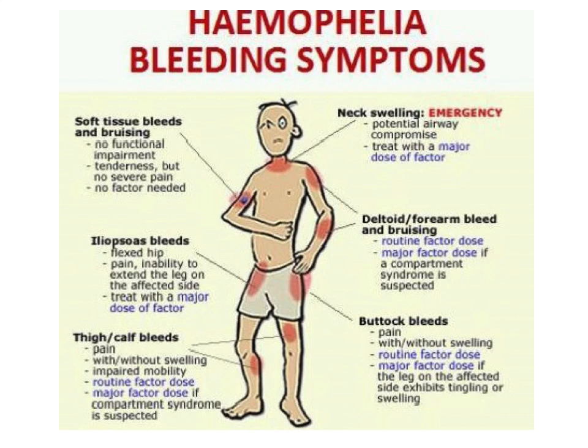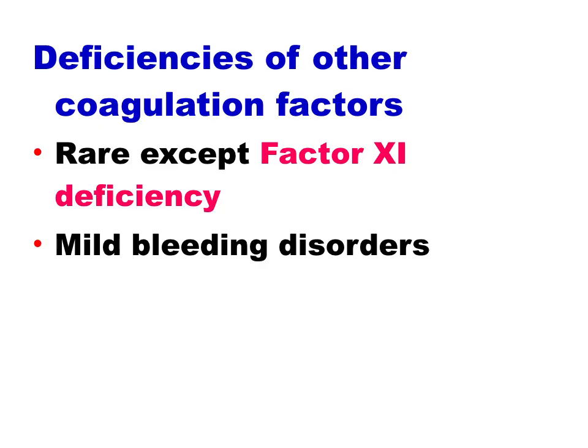So this is a schematic diagram that shows us the manifestations or the symptoms that are observed in hemophilic patients. This is the one that I was mentioning a while ago, joint deformity secondary to hemophilia. There are also deficiencies of other coagulation factors. Now, these are rare except for factor 11 deficiency, and these manifest with mild bleeding.